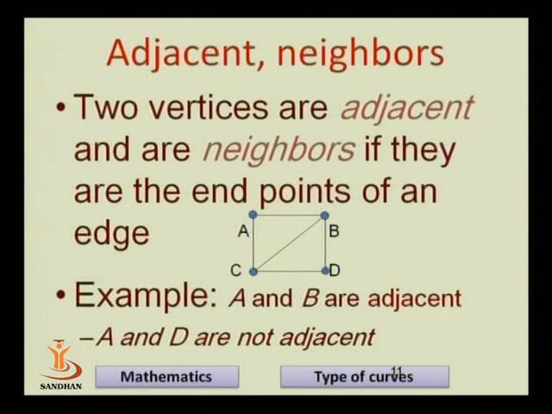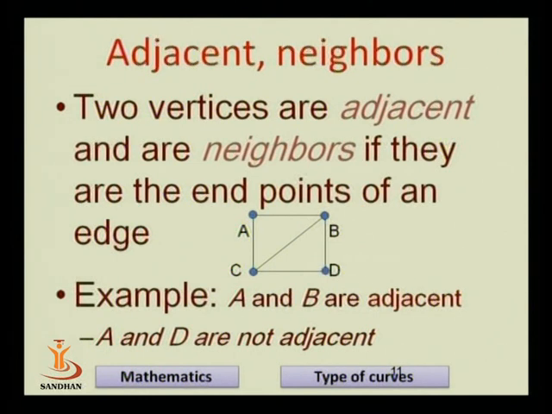Now we also define adjacent vertices or neighbors. Two vertices are adjacent, or neighbors, if they are the end points of some edge.